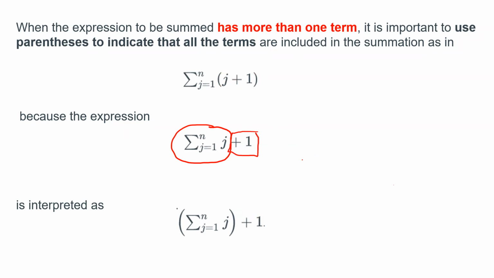Okay, so if you have more than one term within this summation that you want to be involved in each term of the summation, be sure and put parentheses around it so it's known, because of the order of operations.